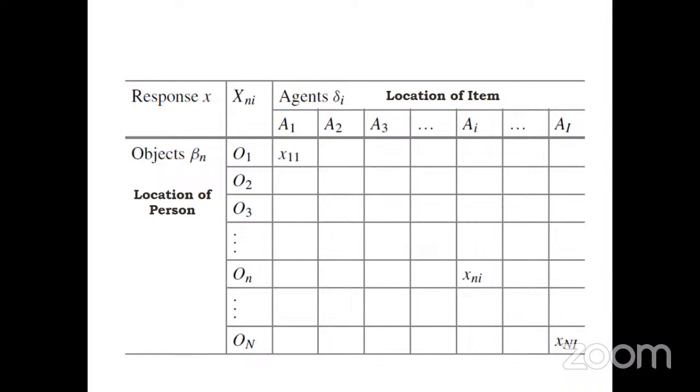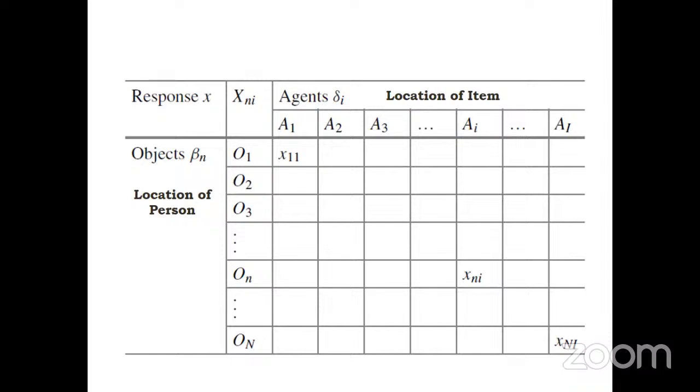And when you look column wise, it's the location of persons, which is denoted by beta n. And this x_ni, x is the response. So x_ni, the response of any person to any particular item, is actually a function of the location of the person and the location of the item, right?